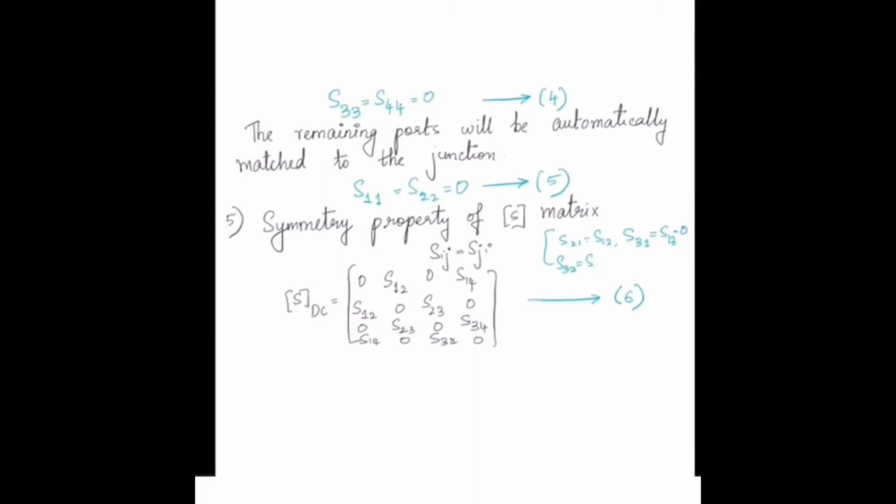Then S32 is equal to S23, then S41 is equal to S14. Then ports 2 and 4 are also isolated, so S42 is equal to S24, which will be equal to 0, and S43 will be equal to S34.